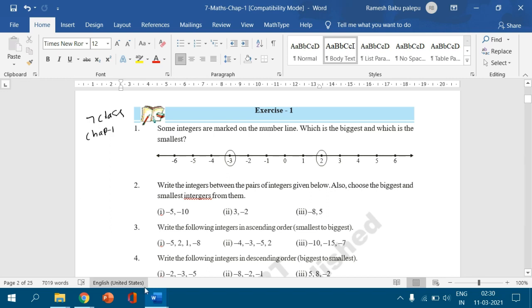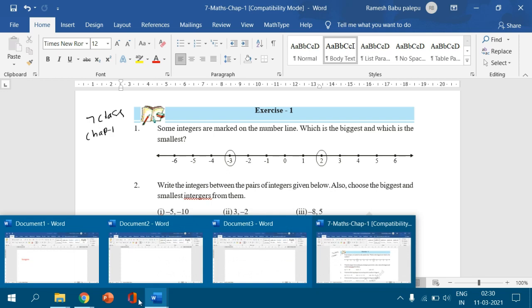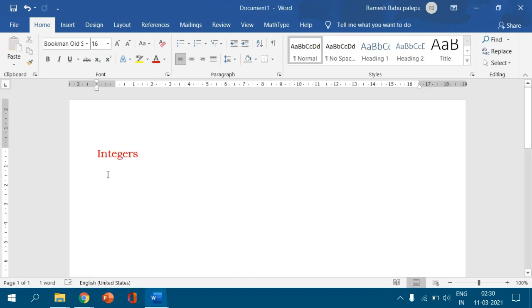Friends, before I solve the exercise problems, I will explain what integers are. Integers are the natural numbers or whole numbers. They should not have any decimal point in between them. These are whole numbers such as minus 5, 5, 6, and 243, minus 10, minus 9, like that.